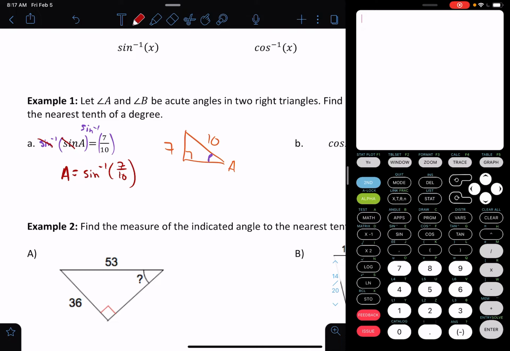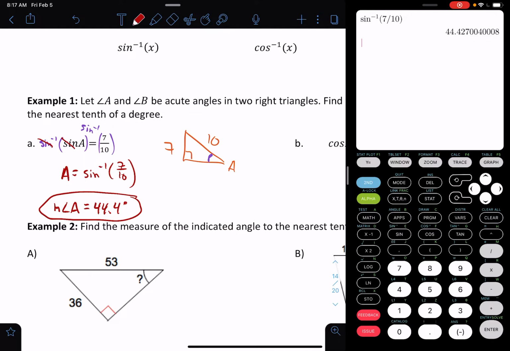Then if I go over to my calculator, I hit second sine, which pulls up sine inverse, 7 divided by 10. I'll get angle A. The measure of angle A is about 44.4 degrees.